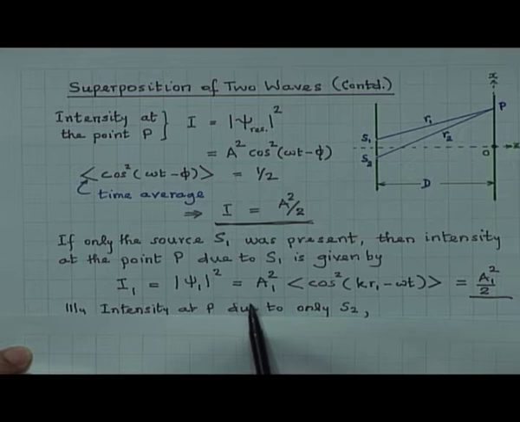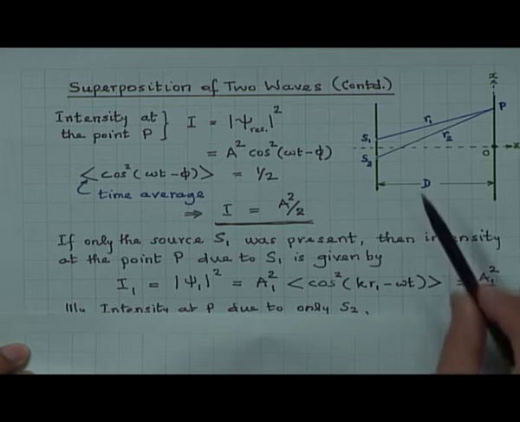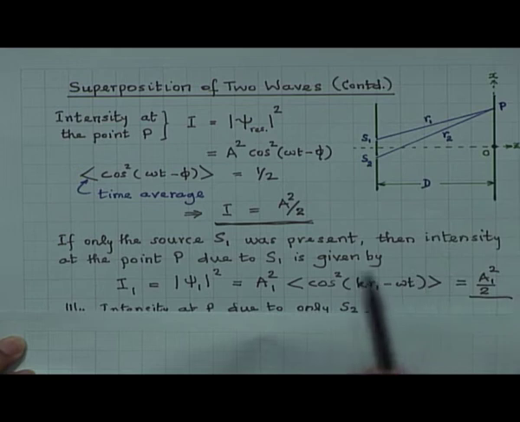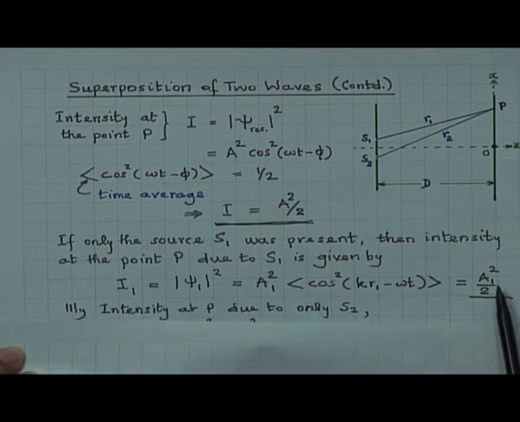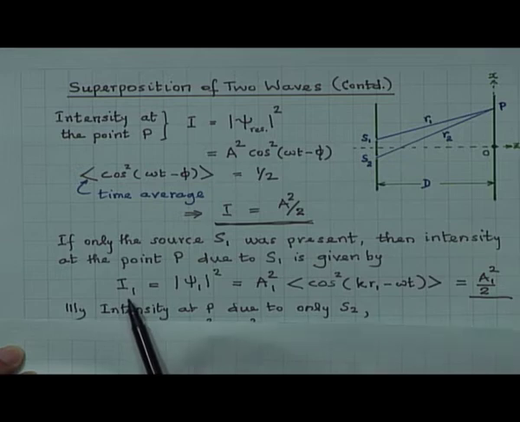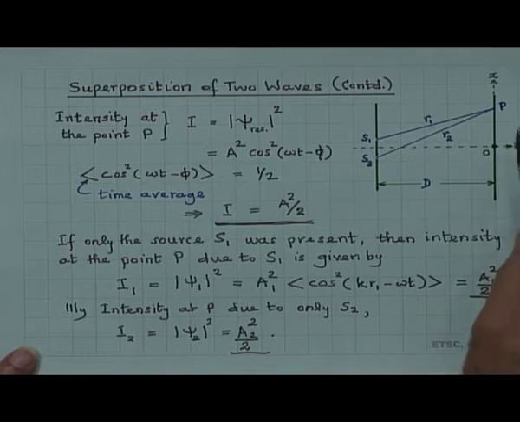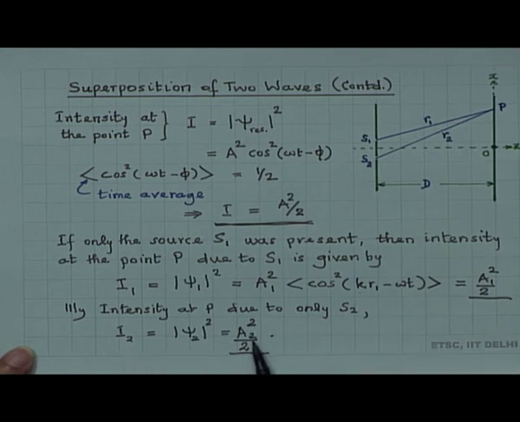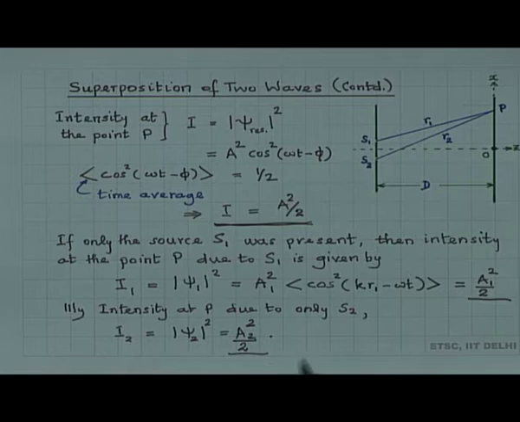Here of course we have taken all real quantities, so we need not write mod. So, A1 square into cos square k r1 minus omega t, because there is only one source. The k r1 minus omega t gives the phase term, and therefore we get A1 square by 2. The intensity due to source S1 is I1 equal to A1 square by 2, and similarly the intensity at point P due to only S2, that is if S1 were not there, is I2 equal to A2 square by 2.